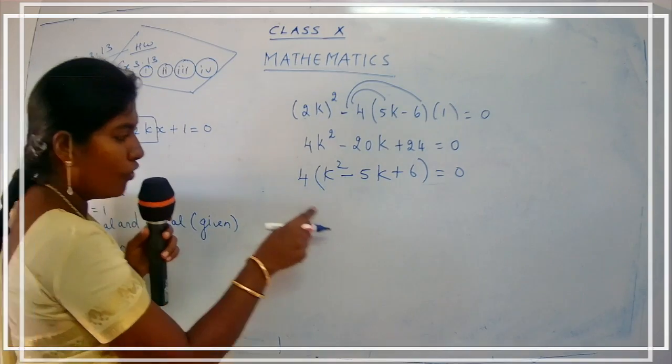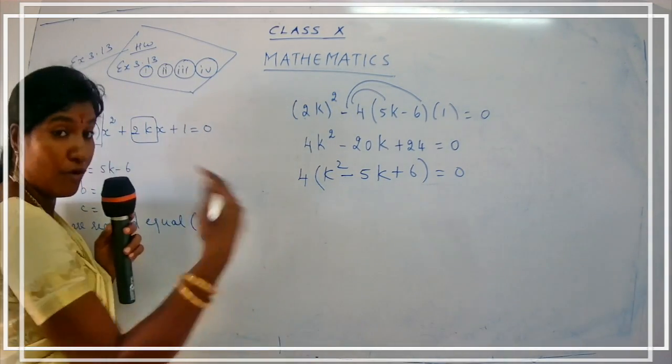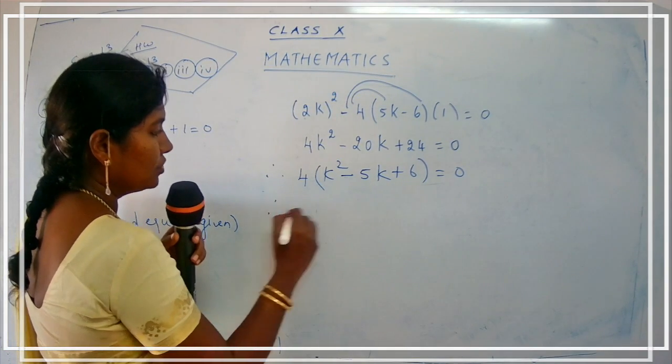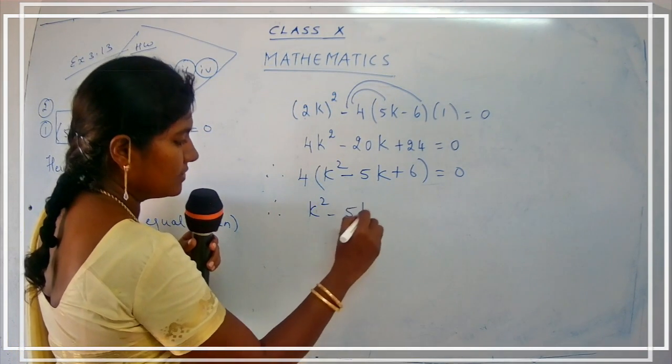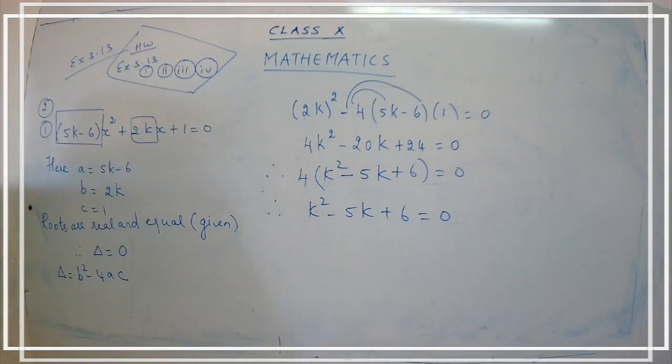So when 4 goes to this side, that is 0 upon 4 becomes 0. So the 4 disappears. So I get k square minus 5k plus 6 is equal to 0. Very simple sum. Done? Okay, so k square minus 5k plus 6 is equal to 0.